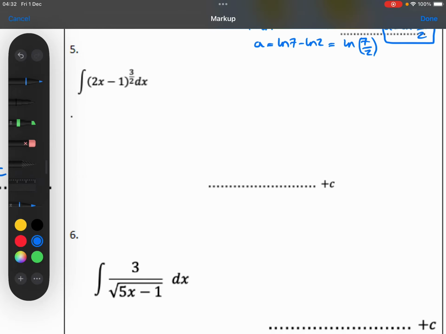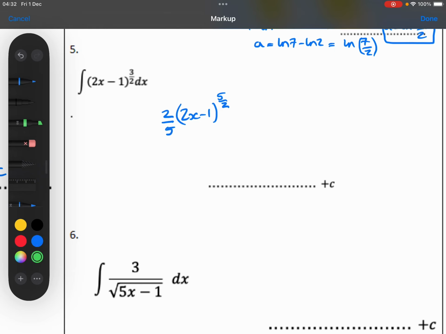Question 5. I'm going to add 1 to the power, so the power is now going to become 5 over 2. I'm going to divide by the new power, so divide by 5 over 2 is the same thing as timesing by 2/5.